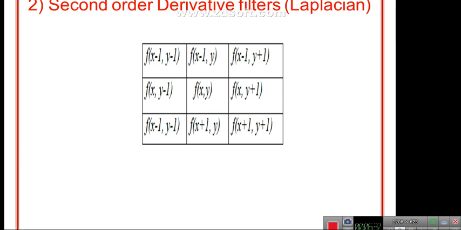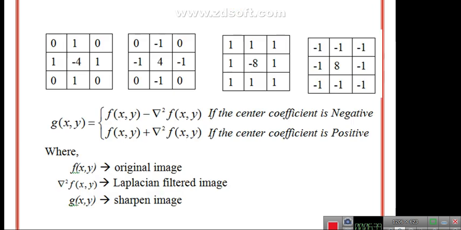Then this is the mask for second order derivative filters. How to obtain the sharpened image? We obtain it from f(x,y) minus del squared f(x,y), otherwise f(x,y) plus del squared f(x,y).